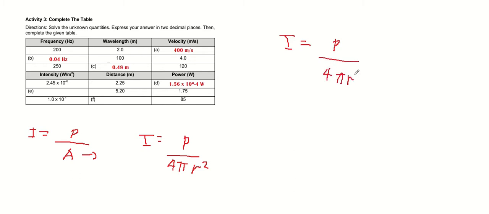Yung value ng P is 1.75. And then, yung given distance is 5.20. Yun yung magiging R natin. So, 4 pi. Yung R is 5.20 raised mo sa 2. Ngayon, calculator ulit.